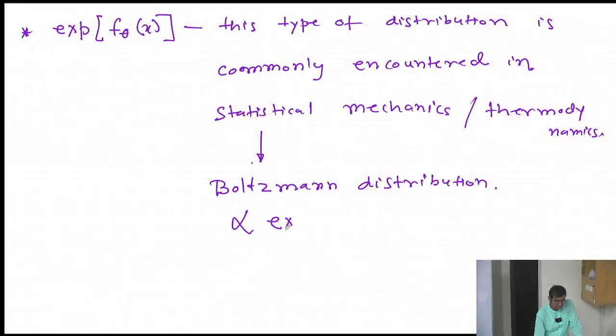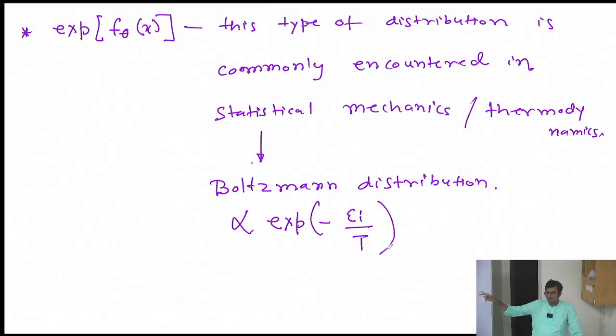So there is a Boltzmann distribution which is proportional to exponential of minus epsilon i by some constant and then T. There are one or two constants there in the denominator. Because I'm writing proportional, I can ignore those, and T. And the idea is very simple, T is basically the external temperature that you give, right?